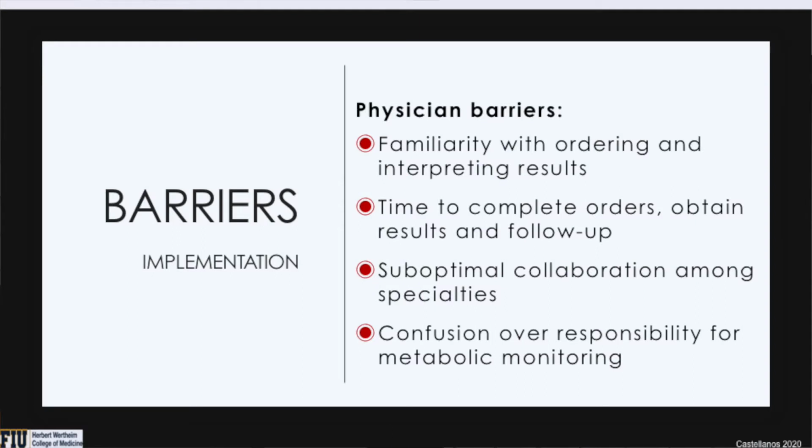Three is what has been discussed here already, about collaboration and coordination among the different specialties. And four, related to that, is, well, your pediatrician's taking care of that, or I'm going to order the labs because I couldn't get the labs from the other person, so we're going to almost duplicate it, if you will.